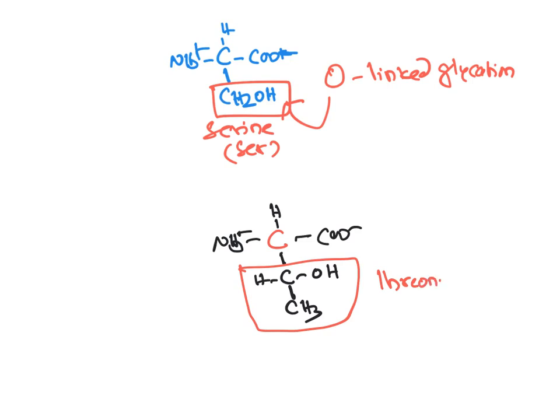Threonine is one of the hydroxyl containing amino acids, and the 3-letter abbreviation for this is THR. Since it is a hydroxyl containing amino acid, it will participate in post translational modification. So that's the importance of threonine. So we have 3 hydroxyl containing amino acids so far: tyrosine, serine, which is involved in O-linked glycation, and threonine. These are the 3 hydroxyl containing amino acids.